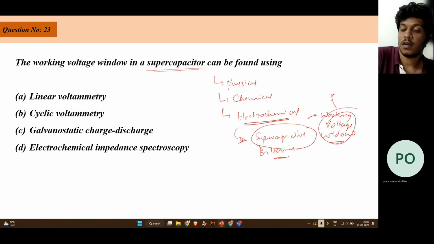This determines the energy density capability of the thus fabricated supercapacitor.